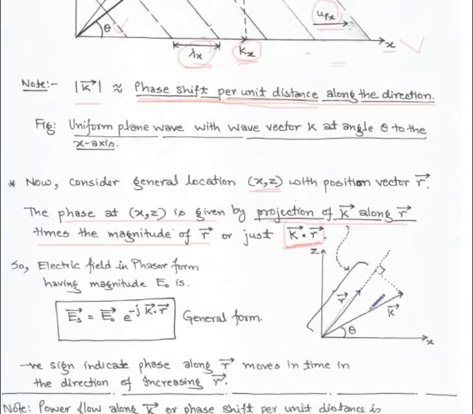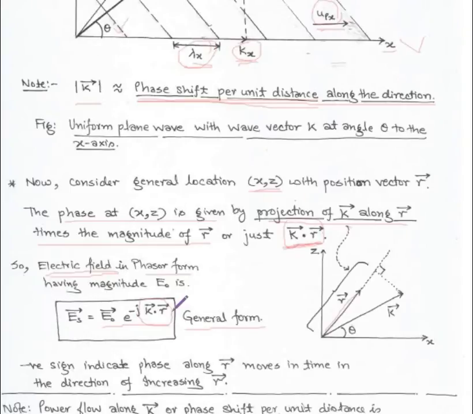And we know that in a uniform plane wave the electric field is sufficient. So here we consider an electric field in phasor form, which is a general form, and it is written as E suffix s vector equals E naught vector times e to the power minus j k vector dot r vector. So this is a general form of the electric field in phasor form in case of oblique incidence.